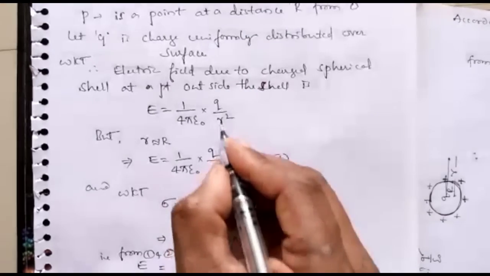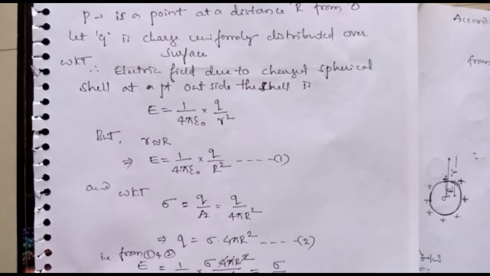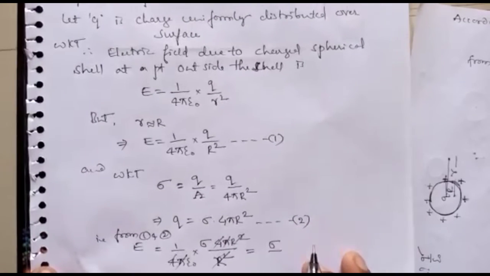Now this r is nothing but capital R, so capital R square gets cancelled, and the 4 pi cancels, which equals sigma divided by epsilon naught.